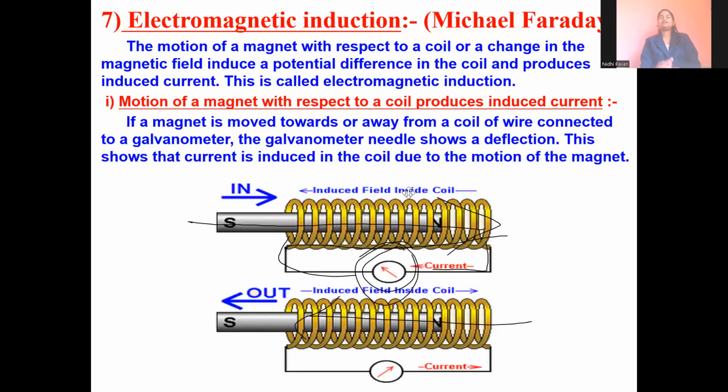So this shows that a magnetic field is also producing electric current. That process is known as electromagnetic induction. A magnet producing electric current, that is electromagnetic induction.